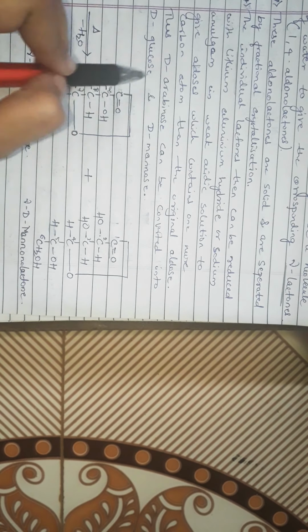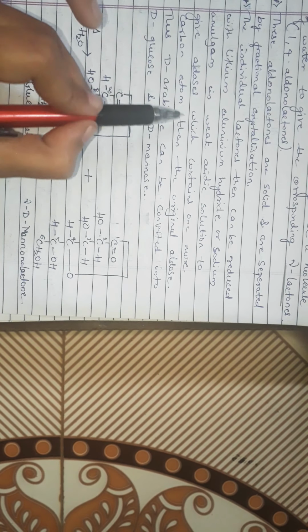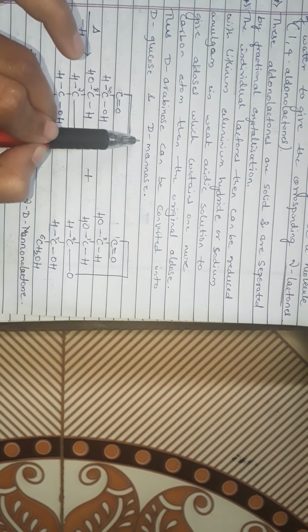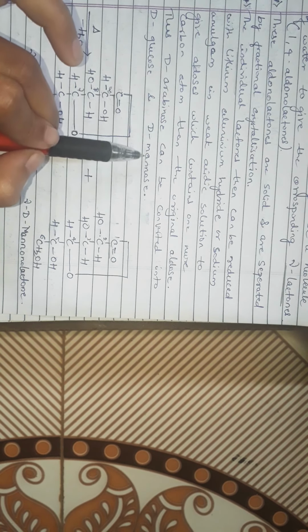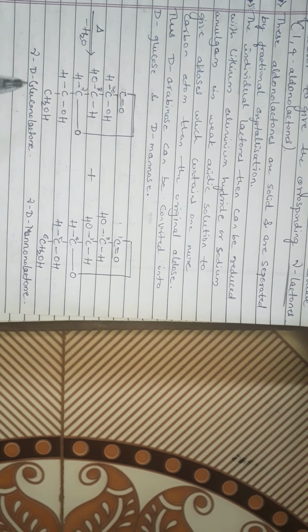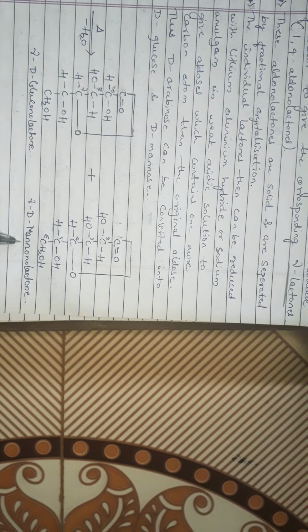When both undergo reduction, they give the respective higher sugars. The first will be glucose, and mannonolactone will give mannose.